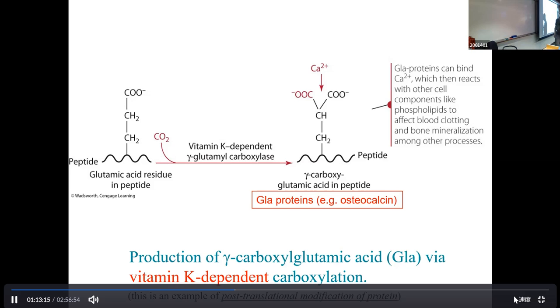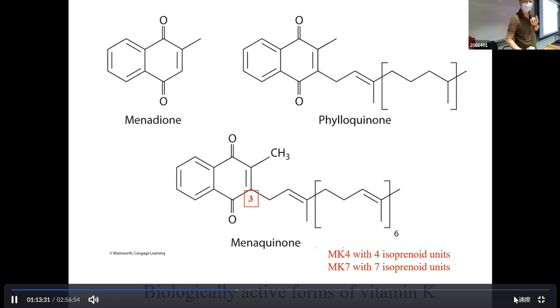Okay, so one of the factors will be that it will bind calcium, and calcium, of course, is not just the calcium ion, it's the whole structure of the hydroxyapatite. Okay. Osteoblast. This you remember, the bone cell.